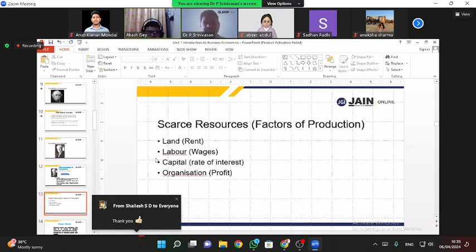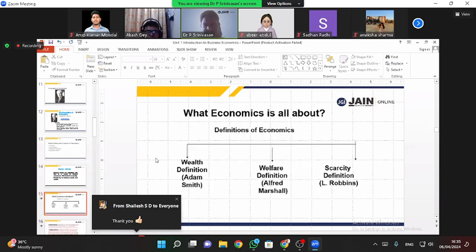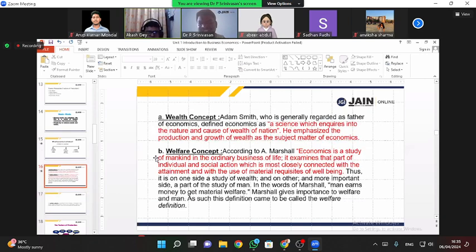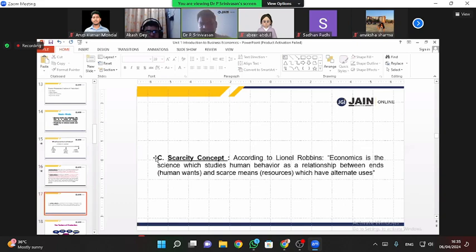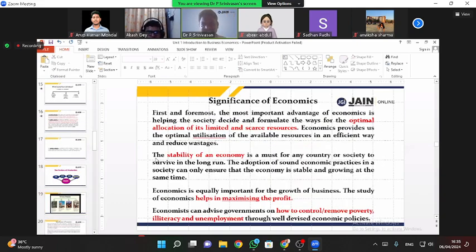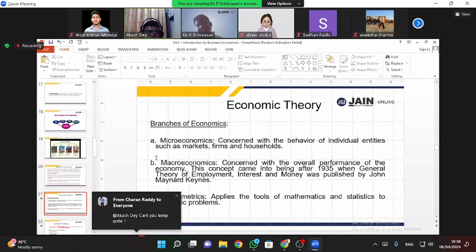That is what we have already discussed. The wealth definition is given by Adam Smith, the welfare definition by Alfred Marshall, and the scarcity definition by Robbins. These are all very technical definitions. I've taken them from their textbooks; they're not required, just for information. I'll forward this PPT just to have a look.